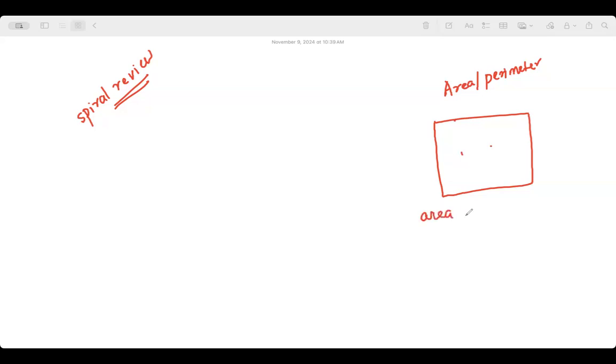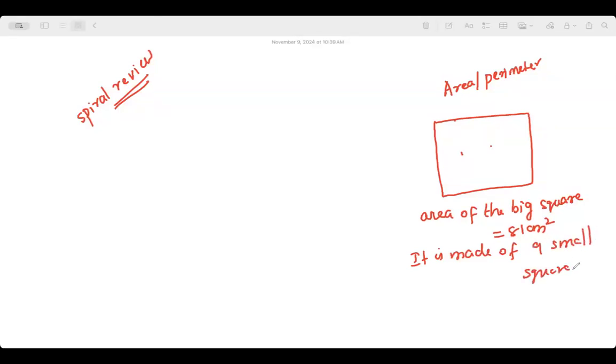Now, the area of the big square is equal to 81 centimeters square. It is made of 9 smaller squares. Find the area of each small square.